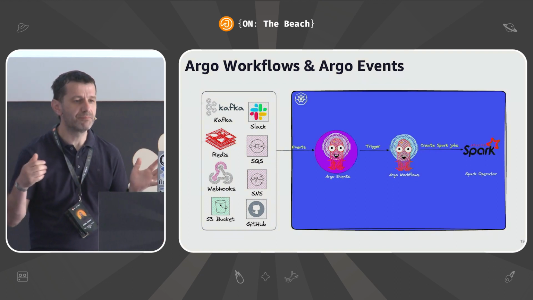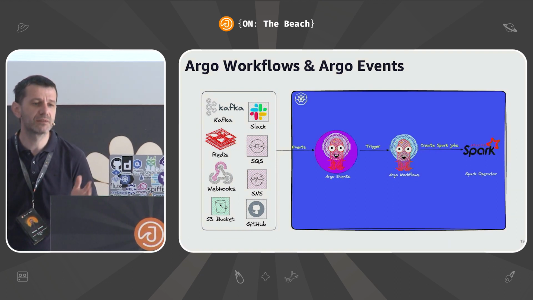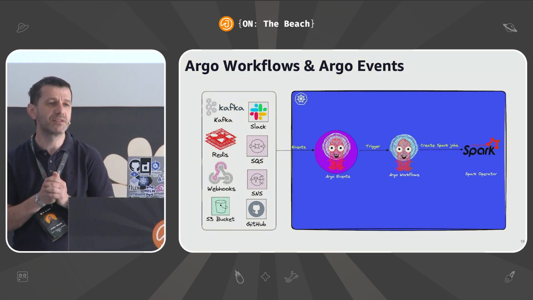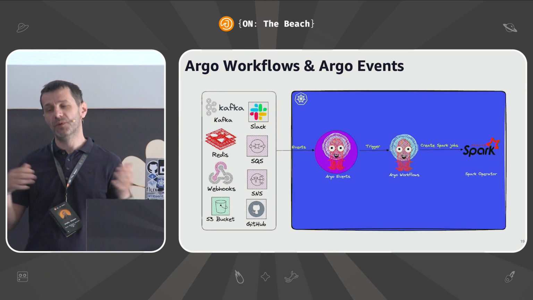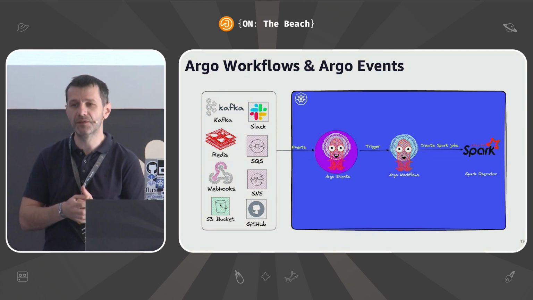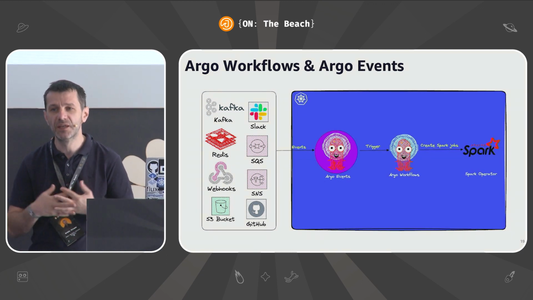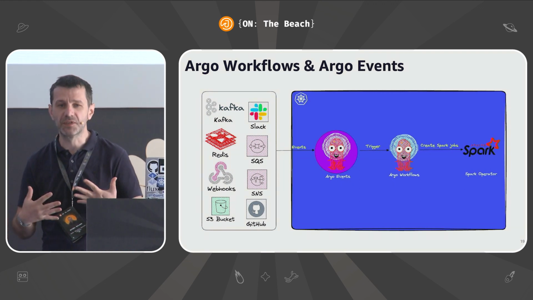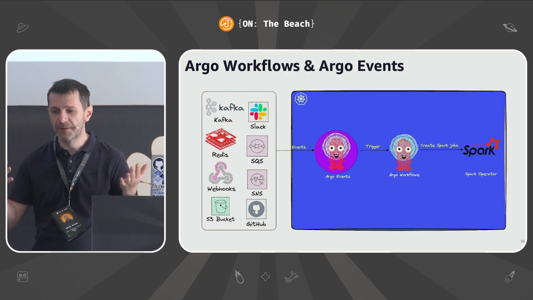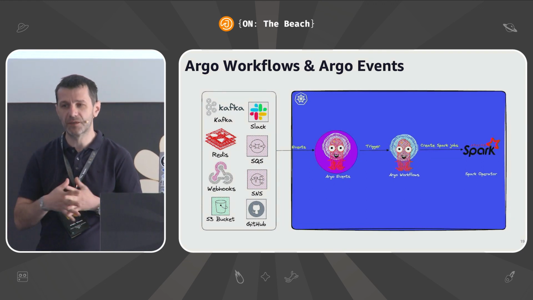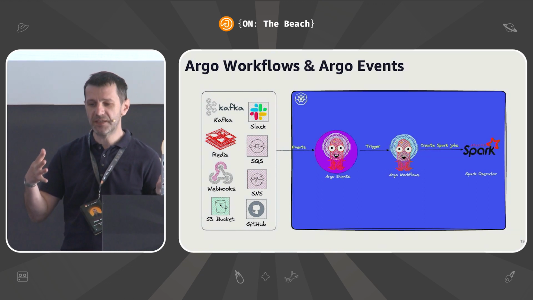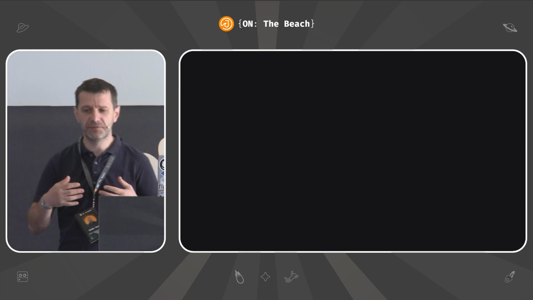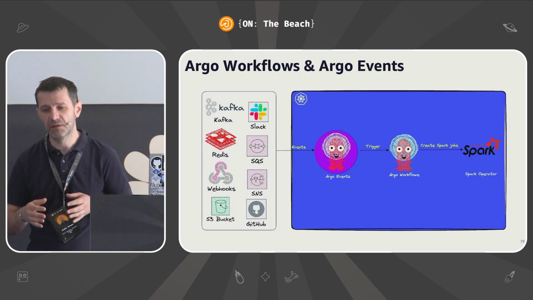Argo Workflows is a directed acyclic graph orchestrator, a workflow engine, and it's the best way to run workflows on Kubernetes. Why is it the best? There are also others on the market, but this one is integrated natively with Kubernetes because it is installed using custom resource definitions and custom controllers, and the same goes for Argo Events.